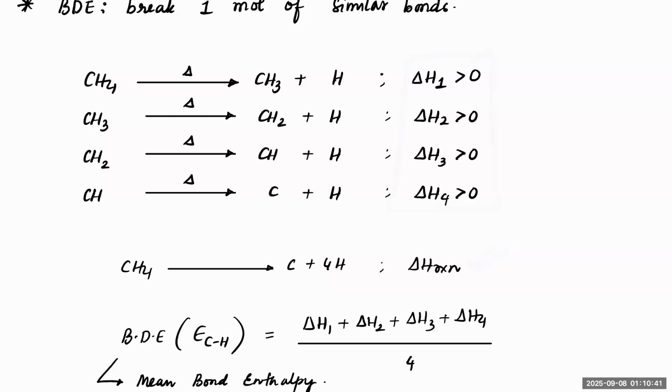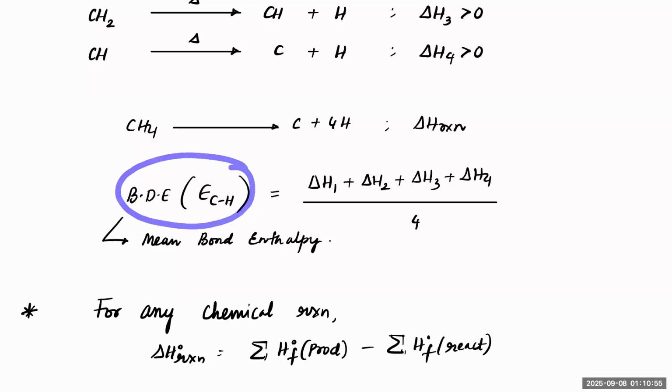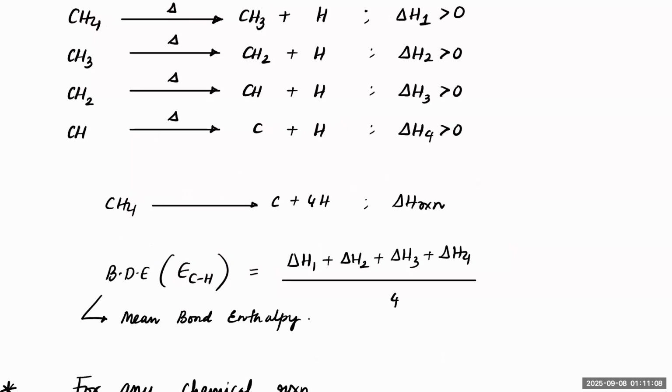Okay. So here also you are breaking a CH bond, here also CH bond, here also CH bond and CH bond. So that means on an average, what is the energy that you are actually using to break one CH bond? That is bond dissociation energy. And it is usually represented as epsilon CH, which means it is a mean bond enthalpy, equal to the summation of all these four energies divided by 4.